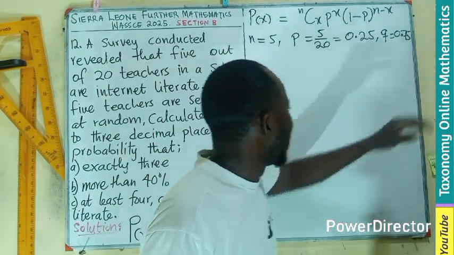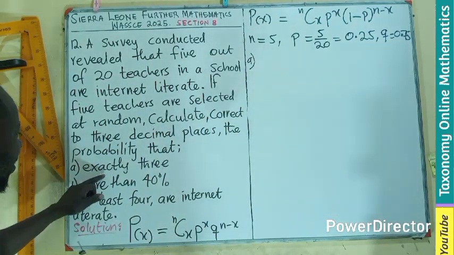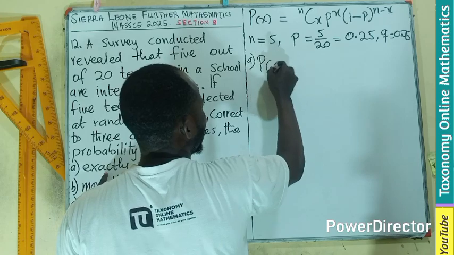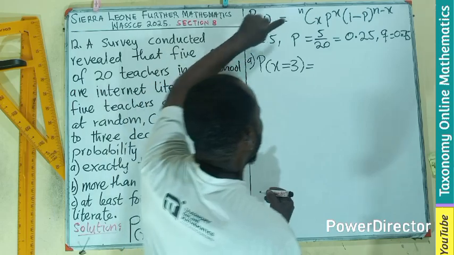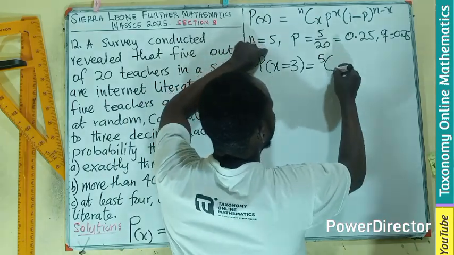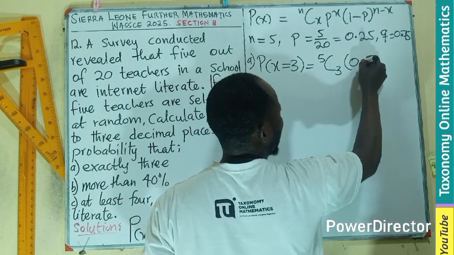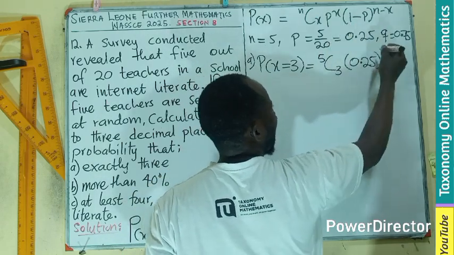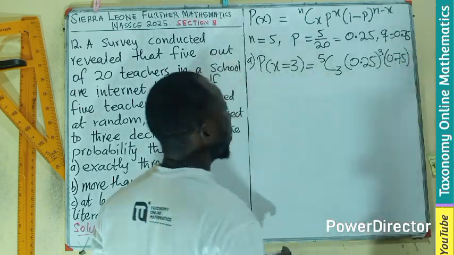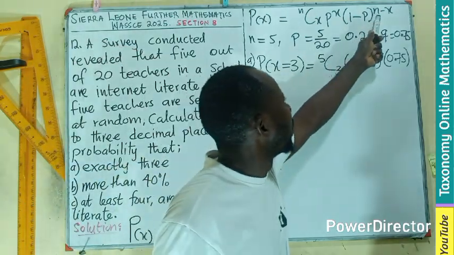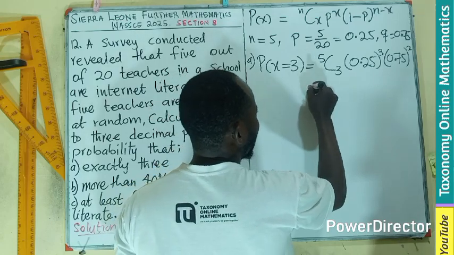Now that we have this information, we go straight to the first part of the question, which is asking for the probability where x is exactly 3. So n is 5, so 5 combination x, which is 3, times the probability 0.25 raised to the power x, which is 3, times 0.75 raised to the power 5 minus 3, that is 2.